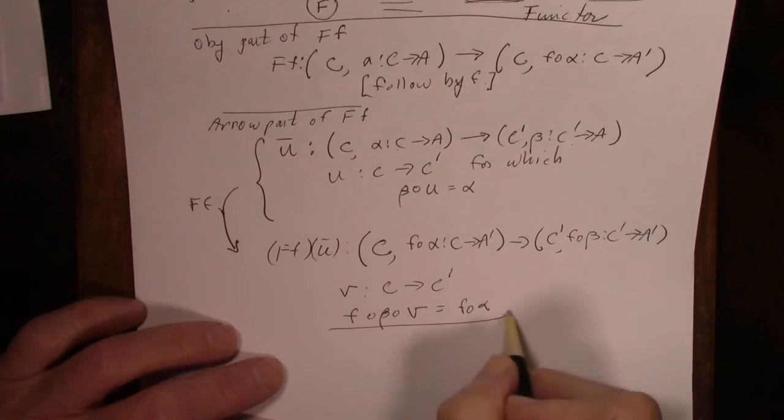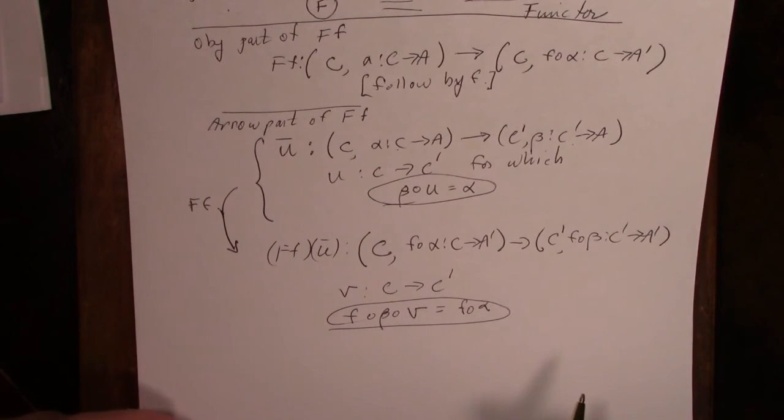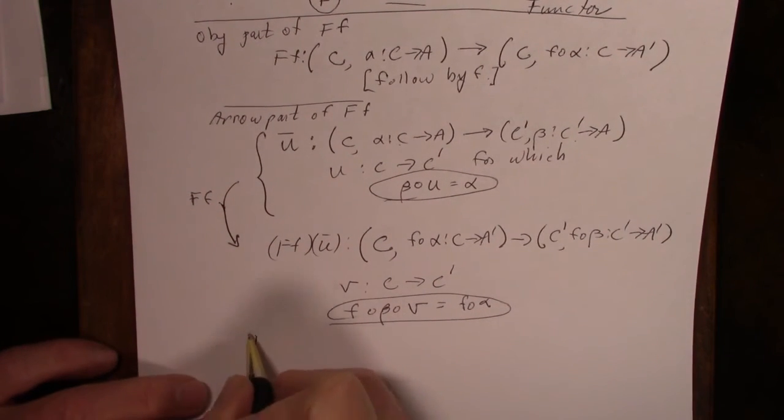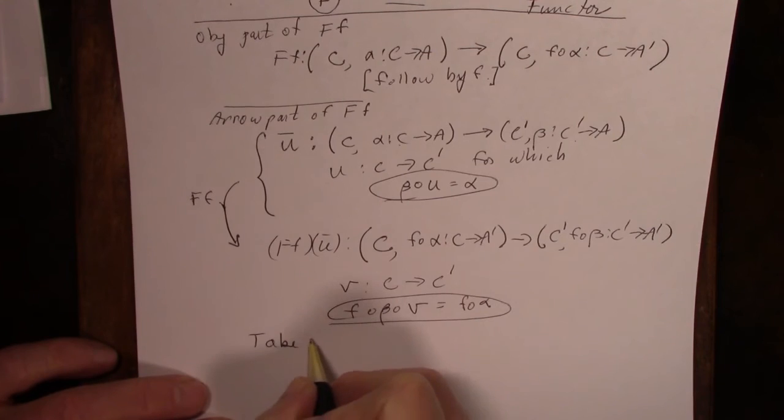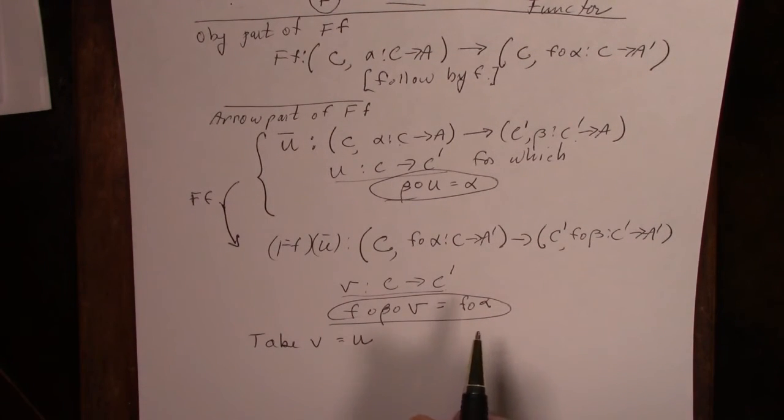But if you look at this and you look at this, you will see that all we need to do is take V equal to U. So everything essentially is U except the domains and the codomains are changed appropriately.